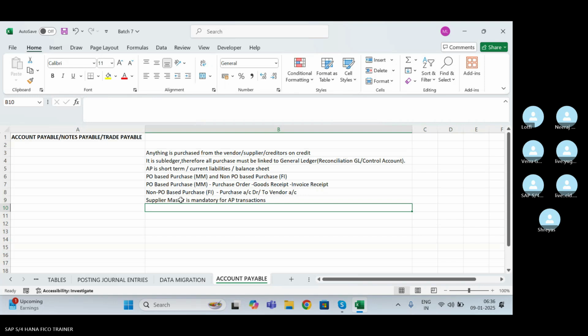Let's say you have Concur, a tool called Concur. Whenever employees go for any office work purpose, if they are spending money on the telephone, hotel or flight, they book the expenses in Concur. When they book the expenses in Concur, the accounting entry should be generated in SAP.